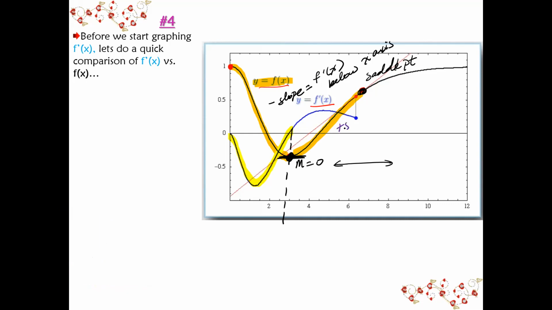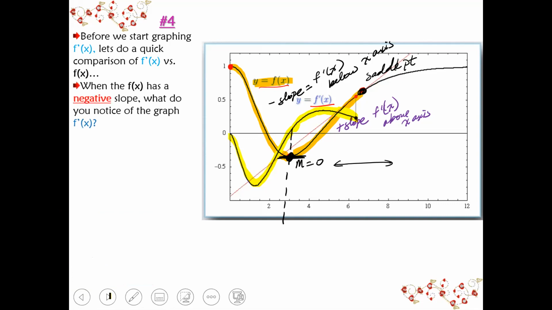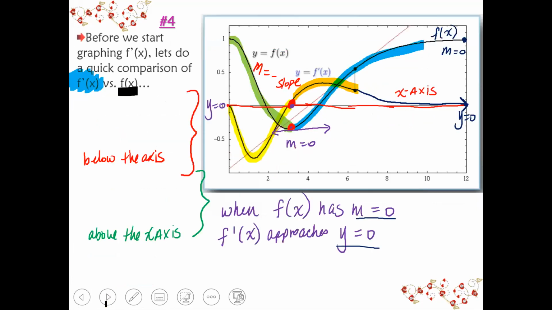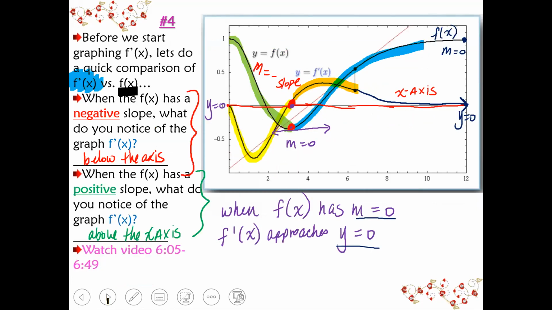So now you have a positive slope, which means your f prime of x is going to be above the x-axis. So looking at this part right here, from this minimum to the next maximum, it is above the x-axis. So that's kind of the relationship of how to draw f prime of x from f of x. And the only way to get better at this is if we actually just keep practicing.